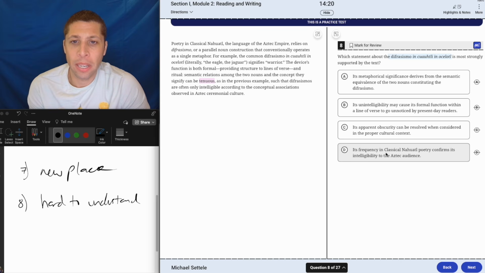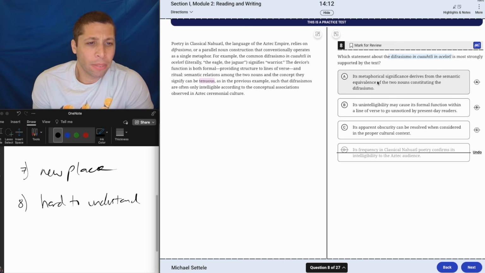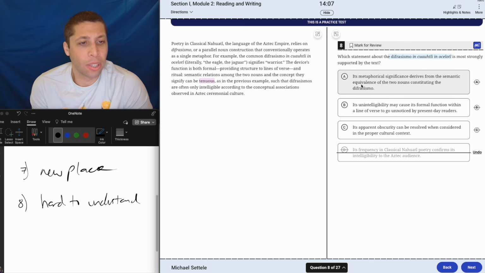They talk about its frequency. Doesn't say anything about frequency. Okay. Its metaphorical significance derives from the semantic equivalent. I don't love that word equivalence. It means two things are equal, the two nouns. It says they're not equivalent, right? I mean, eagle, jaguar. And ritual. And the concept they say can be tenuous.